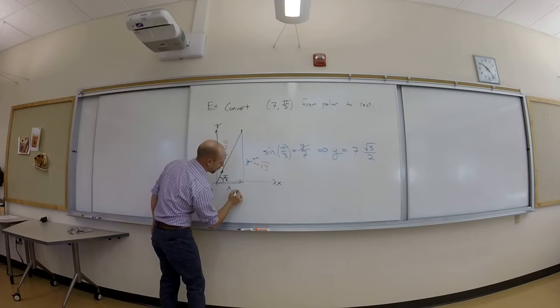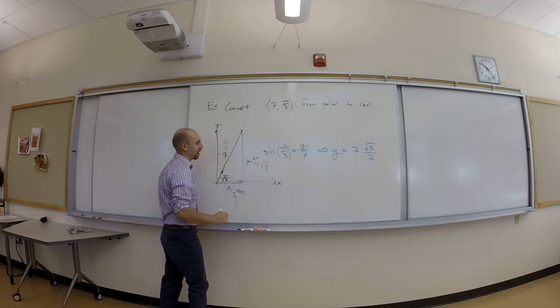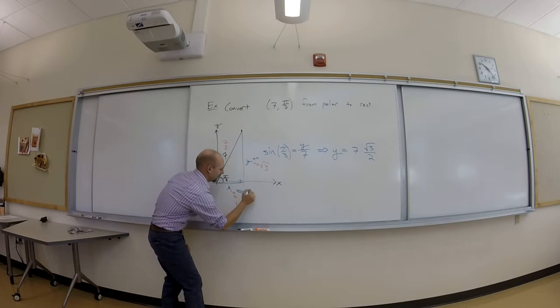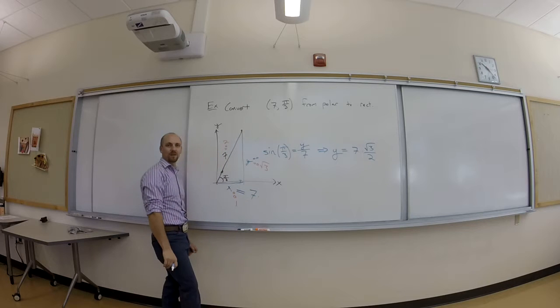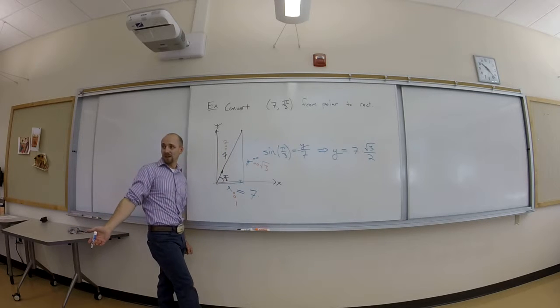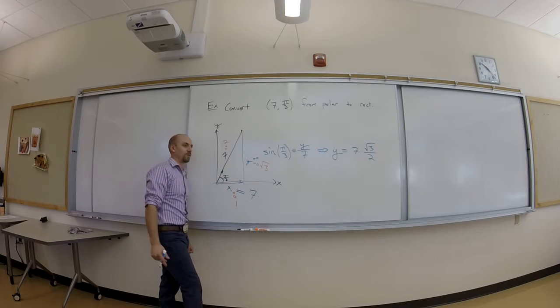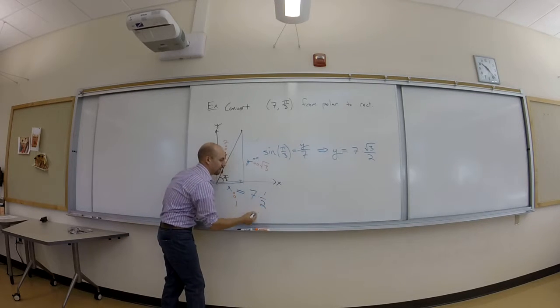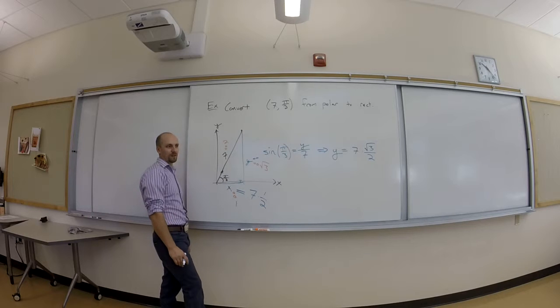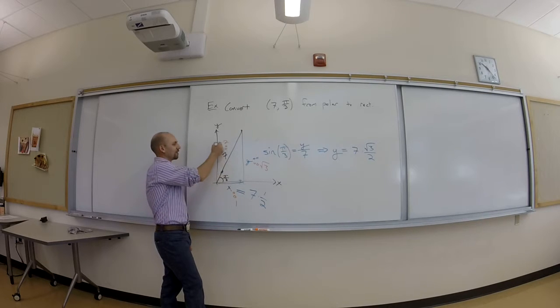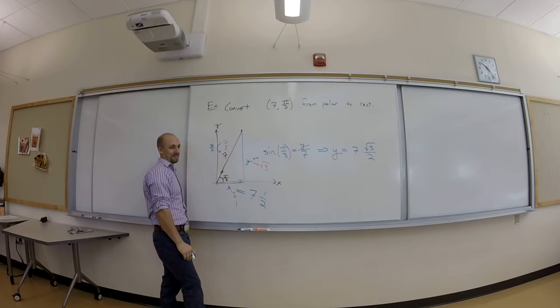And x, however you get x, you're going to get 7 times a cosine of 60, which is 1/2. Please note the thing I'm doing is I'm thinking that the inflation factor was 7 over 2. Okay, see that? So either way.